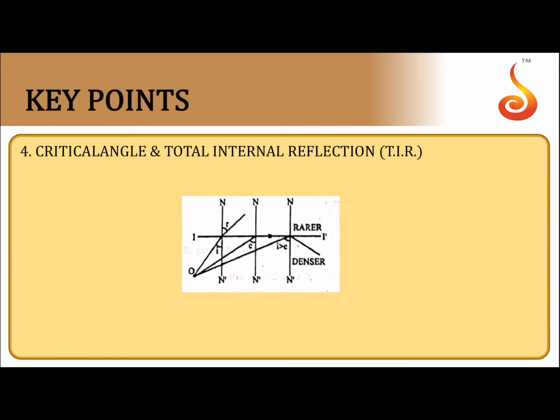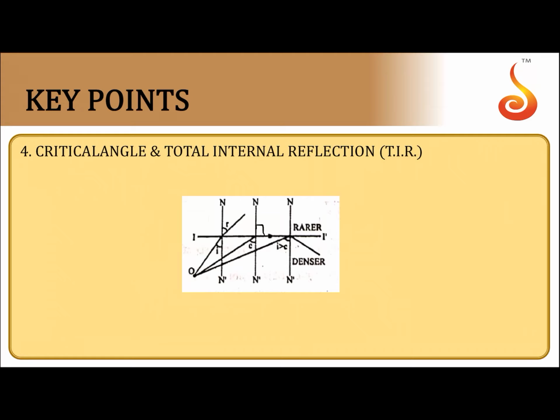Critical angle and total internal reflection: if the ray is going from a denser medium to a rarer one, it will obviously bend away from the normal, so there will be a certain angle for which the angle of refraction becomes 90 degrees.